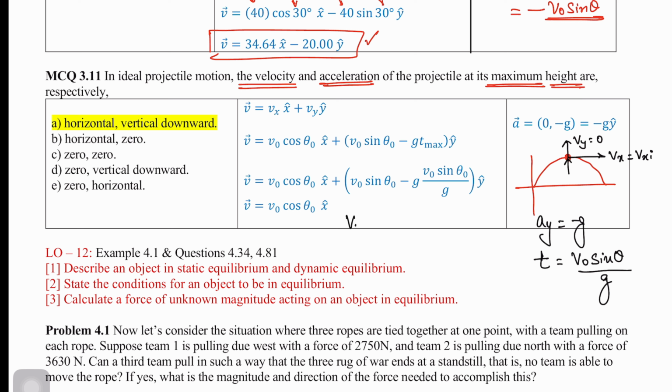First factor, Vy final is equal to 0. Second thing, what we are looking for is Vx, where Vx is equal to Vxf, which is equal to Vxi. Third factor, acceleration ay is equal to negative g, and the time I already told you. These are the 4 factors. So we have the horizontal velocity, and the vertically downward acceleration.